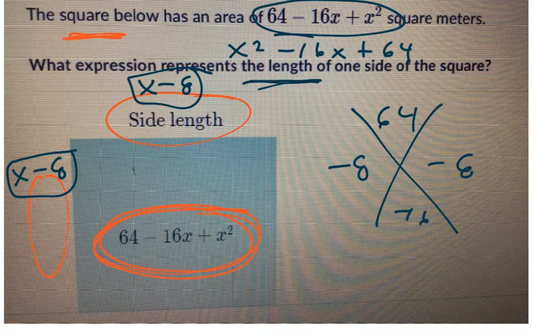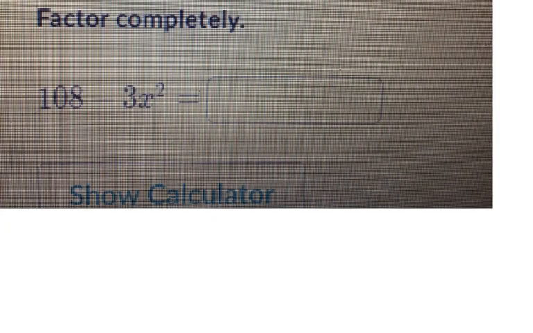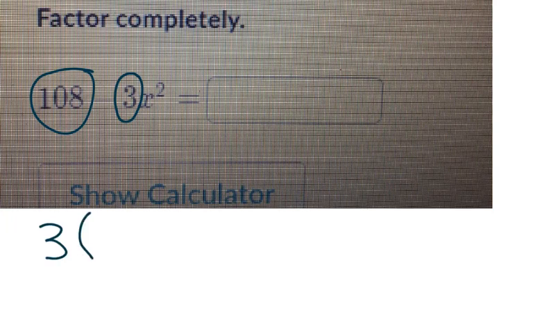All right. Let's see if I have another one here. Yes, I do. Now, guys, before we try to factor this one, look at the numbers. Is there a possibility we could divide by 3? Yes, we can. Now, if you use your calculator, 108 divided by 3 is 36. And, of course, 3x squared divided by 3 is simply x squared.